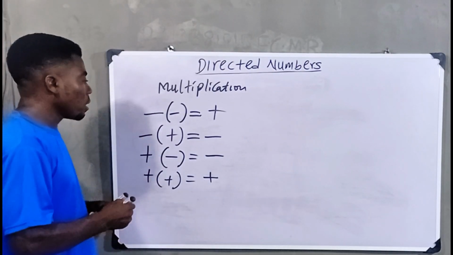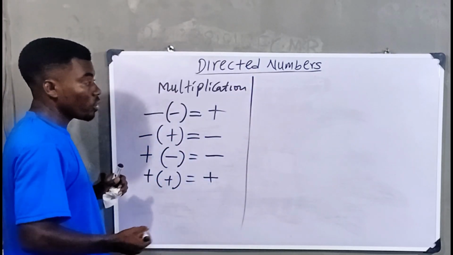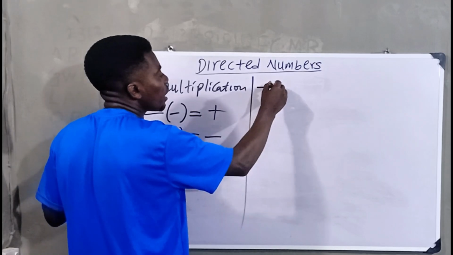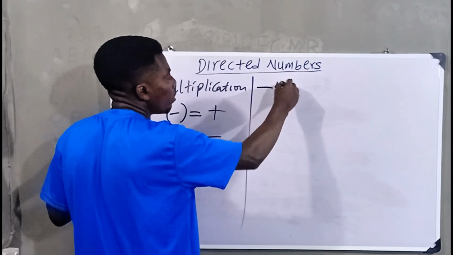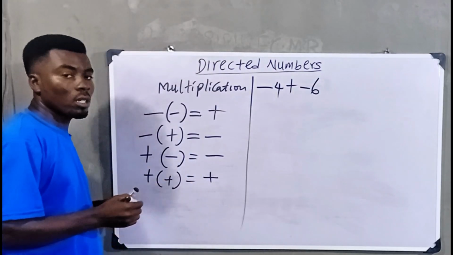When you are given questions like this, so let's say you are given -4 plus -6.